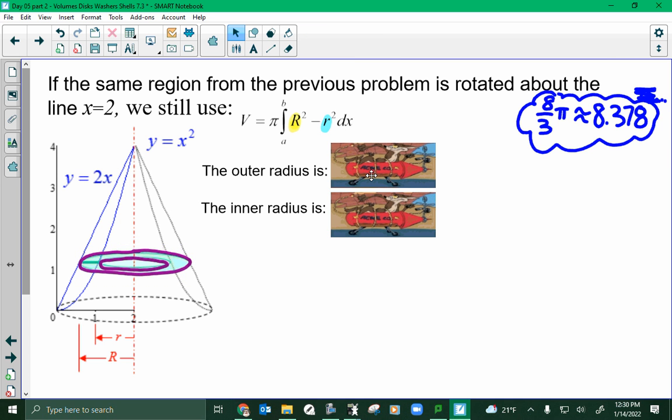If I were to move this to the x-axis, that's obviously not rotated around the x-axis. If I move this to the left, that is clearly rotated around the y-axis. If I draw the arrow right on top of it, that would be a rotation around the y-axis. That's how I remember it.